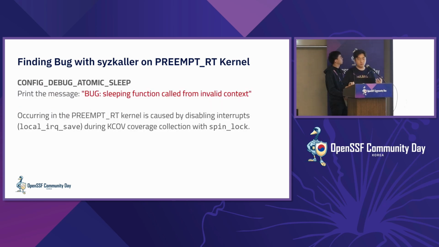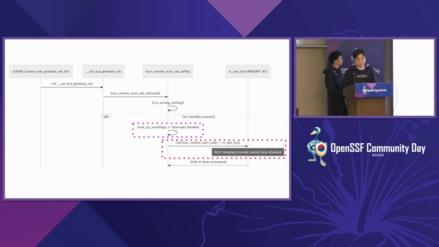So I want to fuzz the PREEMPT_RT kernel. This print message comes from CONFIG_DEBUG_ATOMIC_SLEEP, which fires when a sleeping function runs in an invalid context. In PREEMPT_RT, it occurs when interrupts are disabled with local_irq_save during KCOV coverage collection that uses a spin lock.